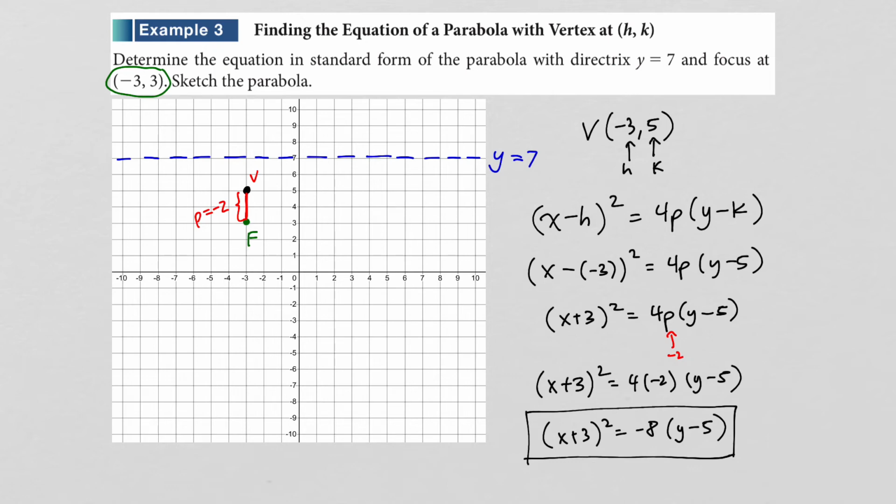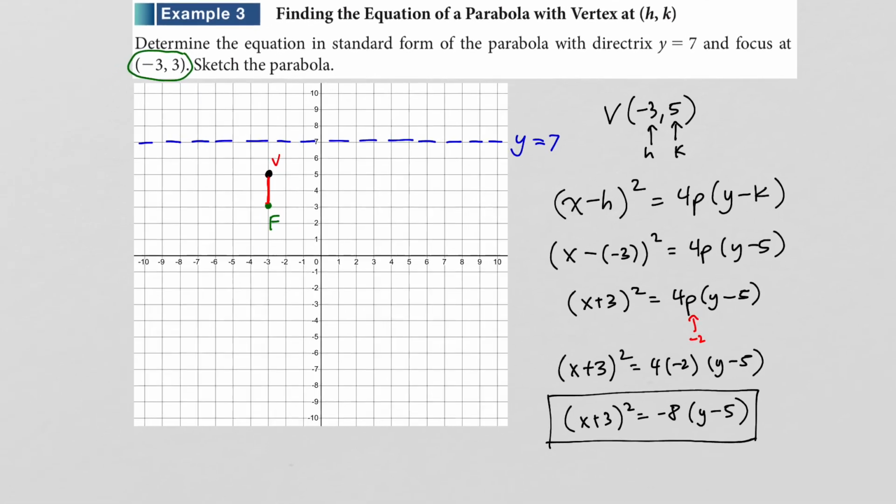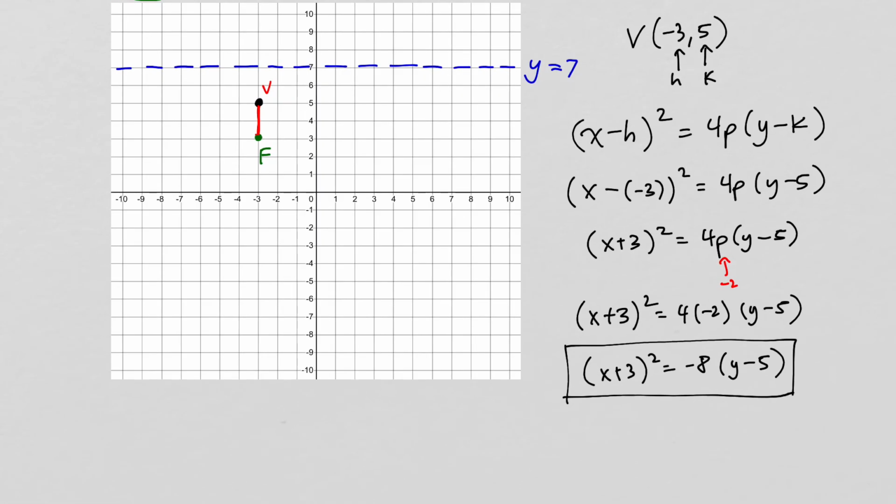Now let's sketch a graph. And for this, I want to tell you about a little trick for sketching the graph of a parabola. The trick is to look at the value of 4p, which in this case is -8. Ignore the negative. If you just take the value 8, when you come up to your parabola at your vertex, you know it's going to go out this direction and this direction because it's opening downward.